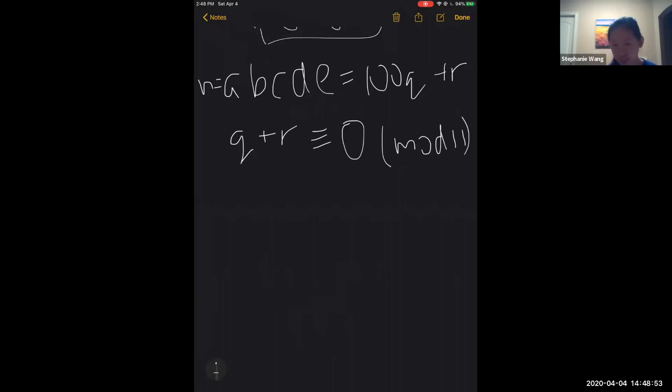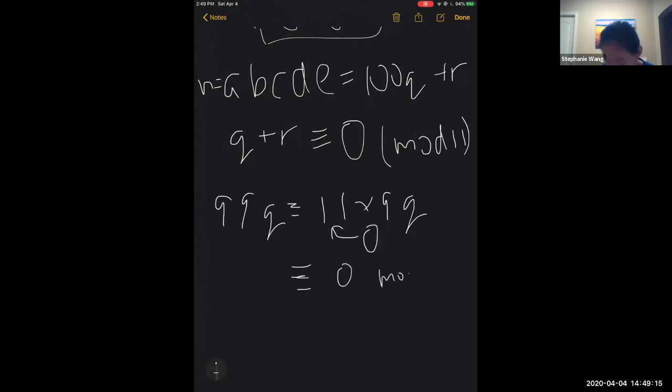And as I said earlier, we can add 99Q to this, because let's just consider 99Q real quick. 99Q is congruent to 11 times 9Q, right? And 11 is obviously congruent to 0 mod 11. So this whole thing is congruent to 0 mod 11.